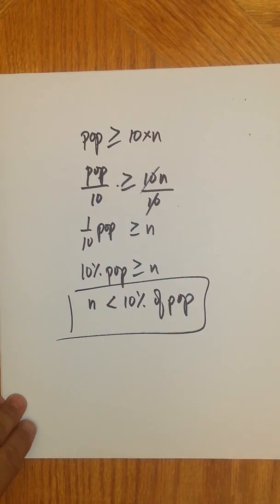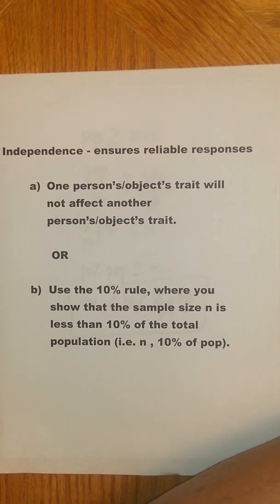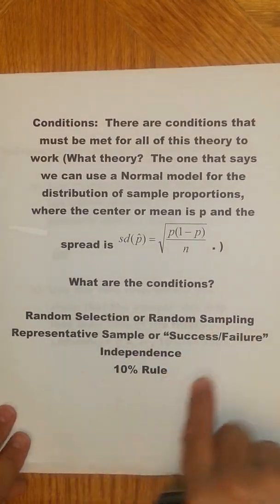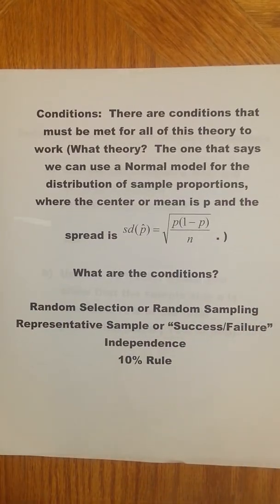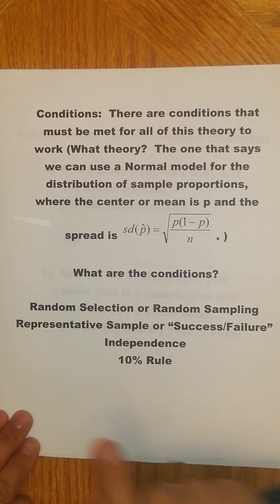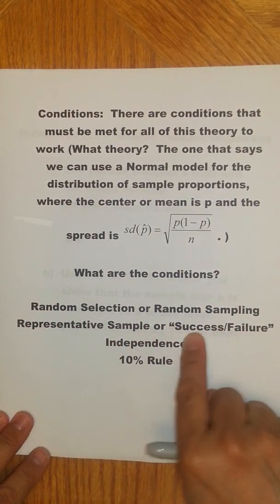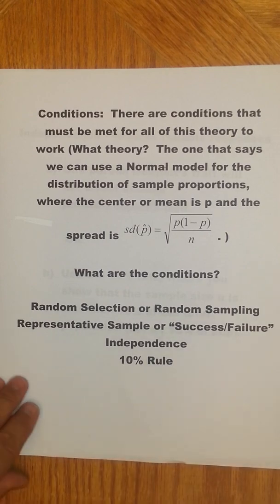All right. Now, let me just mention this. When you look at these 4 conditions, books vary as to which ones they put a lot of importance on. Pretty much all books will say, yes, you have to have random sampling, and yes, you have to meet the success failure condition where you have 10 yeses and 10 nos.